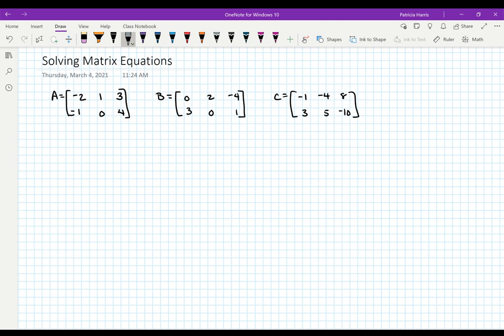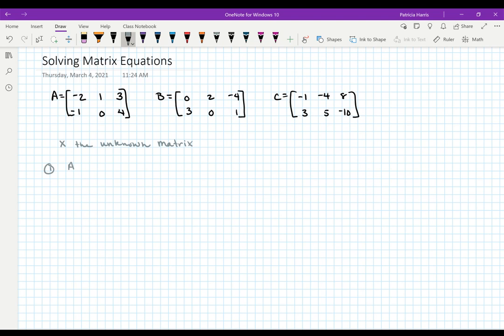Okay, so we're going to start out with just a very simple one. We're going to have X, matrix X, the unknown matrix, okay, and here's our first equation.